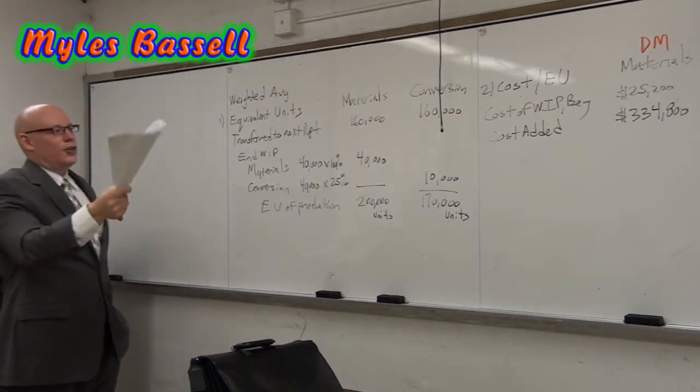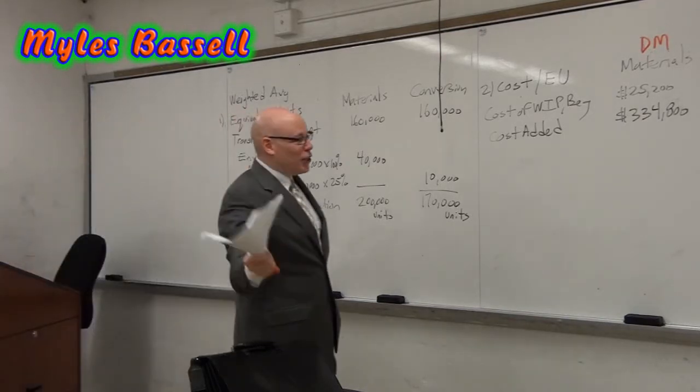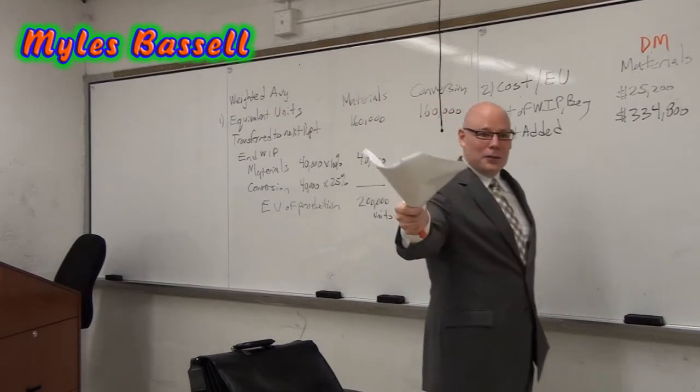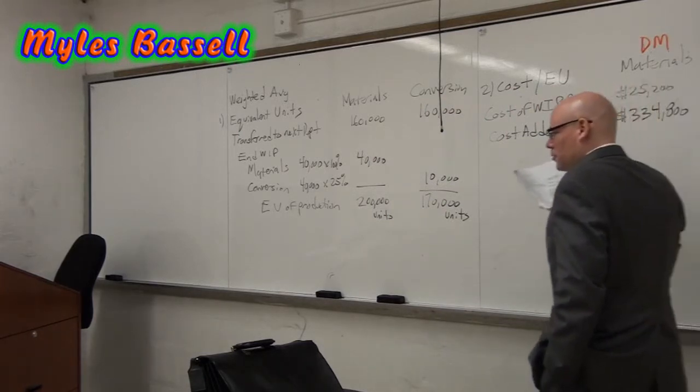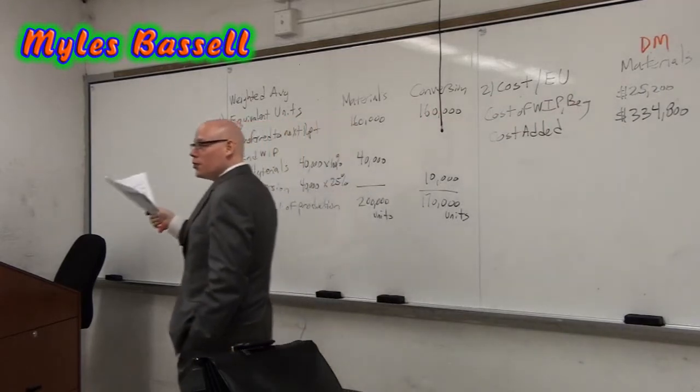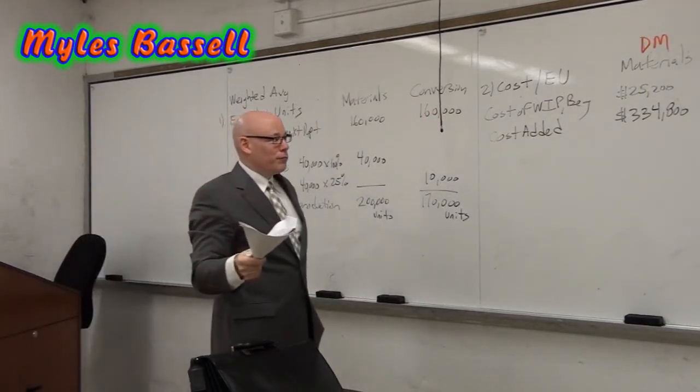So that's why here we call that the conversion cost. What is the conversion cost? Like Ms. Rahim is saying, it's the cost to convert the direct materials into product.